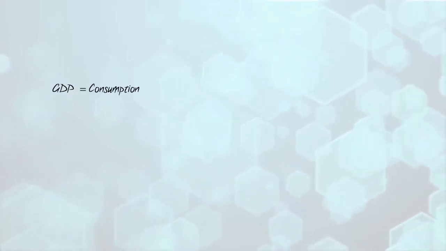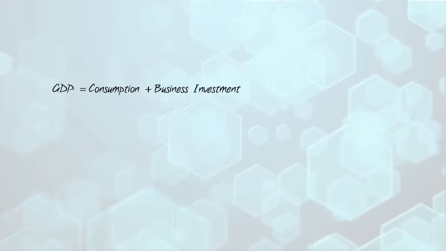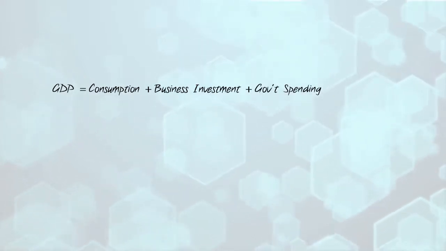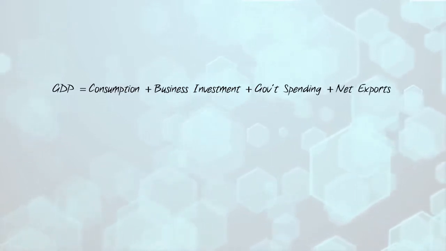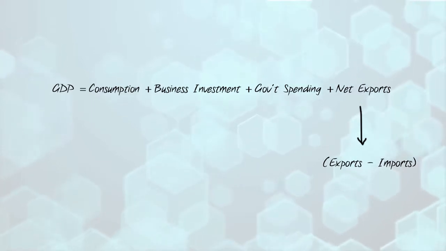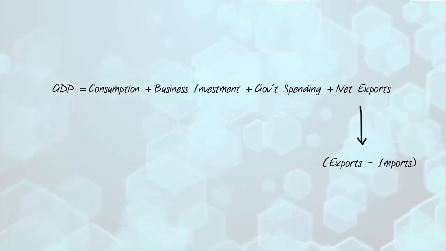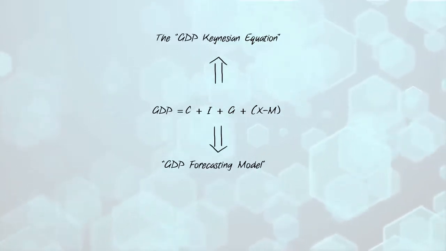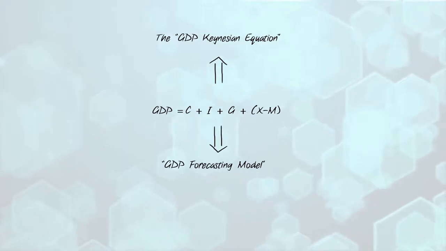In contrast with the expenditures approach, also called flow of product, the gross domestic product equals consumption plus business investment plus government expenditures plus so-called net exports, where net exports are defined as the difference between total exports and total imports. This, in fact, is the basic Keynesian equation in macroeconomics, named after the famous British economist John Maynard Keynes.